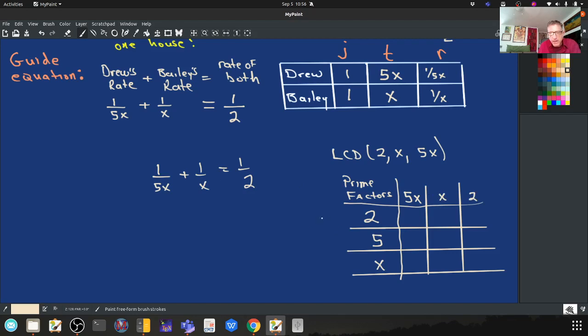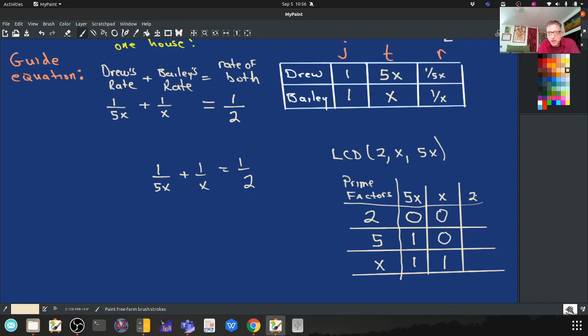Now you can go either way. Let's do it differently. Let's look at 5x and see which of these factors occur in 5x. 2 does not occur in 5x. 5 occurs once, x occurs once. Look at my x term. Does 2 occur in my x? No. Does 5 occur in my x? No. x occurs as one factor in itself.